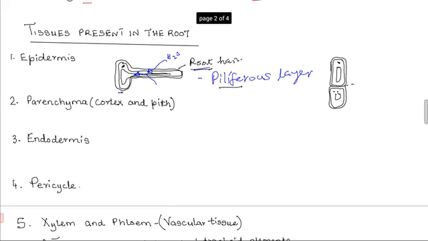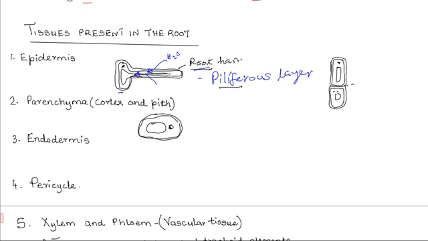Then in the root, you also have parenchyma cells. Now, parenchyma cells consist of thin-walled cells that also have relatively large vacuoles, and these thin-walled cells or parenchyma cells, they play the role of packing and filling spaces between other tissues within the root.